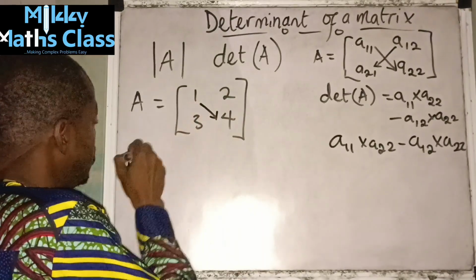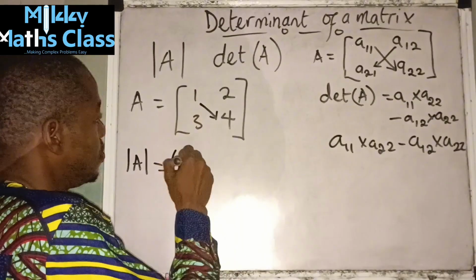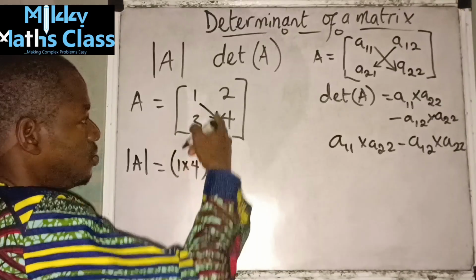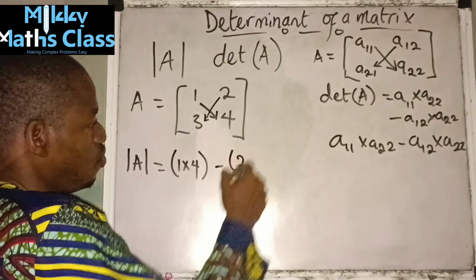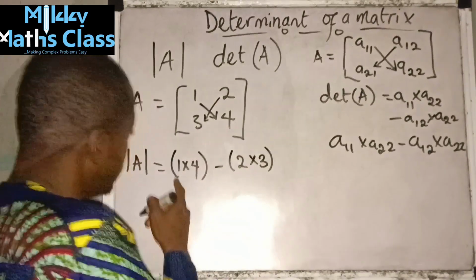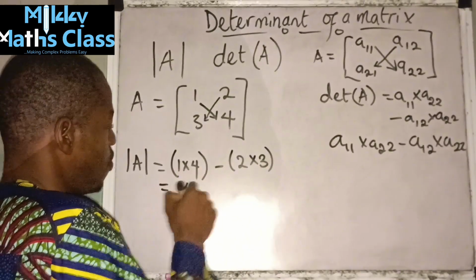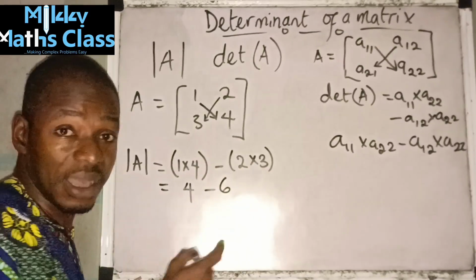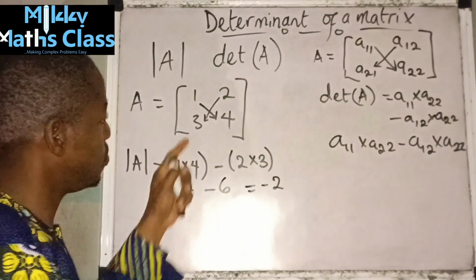So the determinant of A will be equal to 1 times 4 minus, let's go from here, cross the arrow down, minus 2 times 3. Are we following? Okay, so 1 times 4 will be 4, minus 2 times 3 is 6. So 4 minus 6 will give us negative 2. So that's the determinant of this matrix.